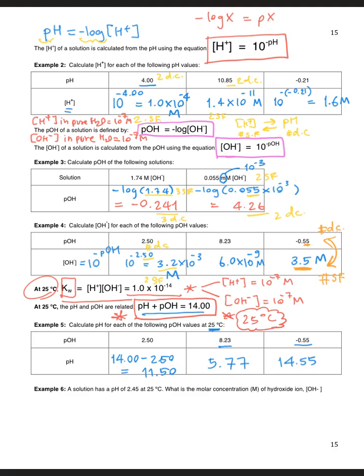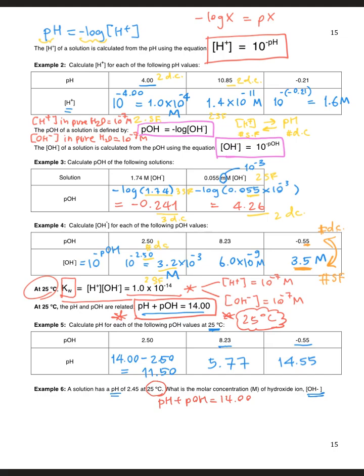Now let's take a look at example 6. Example 6 asks to find the concentration of hydroxide ion, but it gives us the pH value, and the keyword for this is 25 degrees Celsius. So what we know about 25 degrees Celsius is, again, that pH plus pOH equals 14. Okay, so that's what we know.